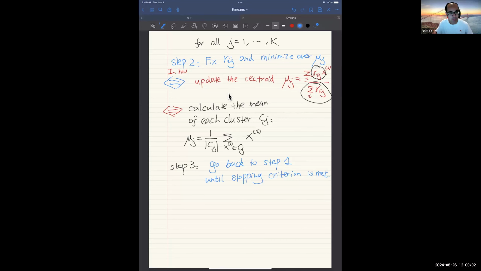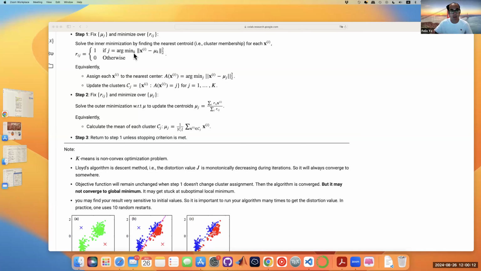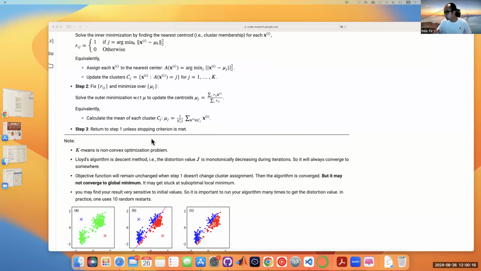All right. There are some important factors about this algorithm. For now, we are not going to prove why this will work, but we will talk about this when we talk about Gaussian mixture models.